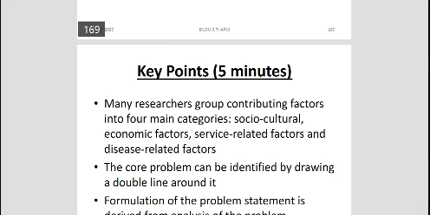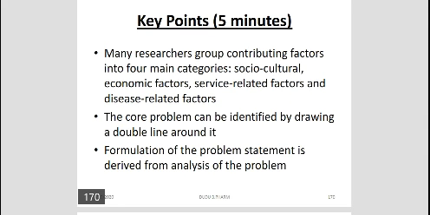And the key point: many researchers group contributing factors into 4 main categories: socio-cultural, economic factors, service-related factors, and disease-related factors. The core problem can be identified by drawing a double line around it. Formulation of the problem statement is derived from analysis of the problem. The way you analyze the problem is where you draw the problem statement.